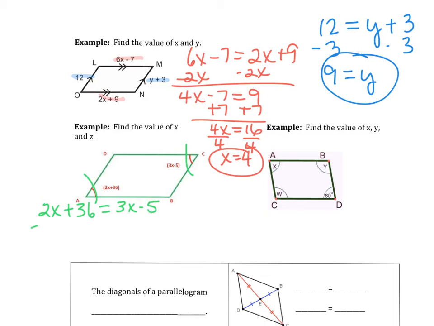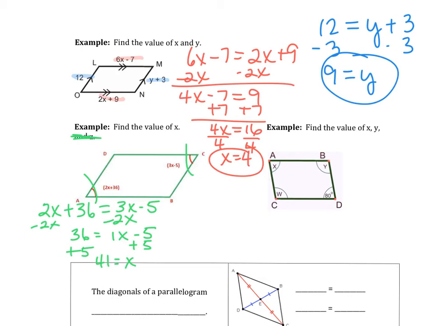Using our algebra to solve, I'm going to subtract 2x from both sides. So I've got 36 equals 1x minus 5. Add 5 here, and I've got 41 is equal to x. I don't see a z in this example, so we're just going to solve for x.